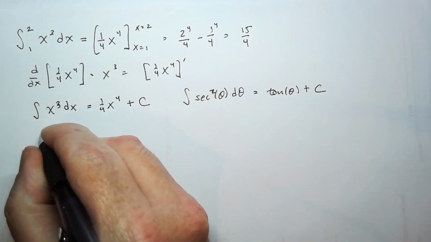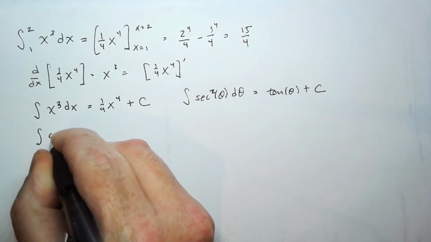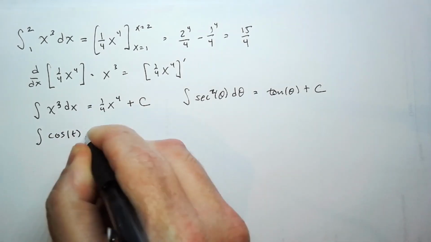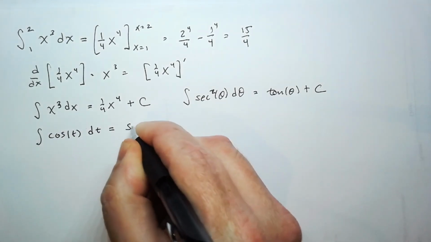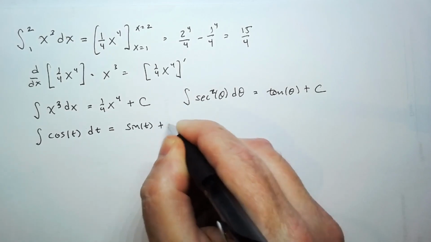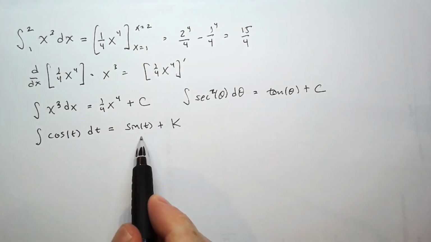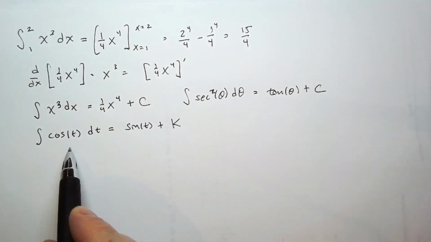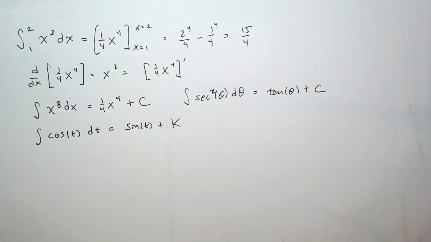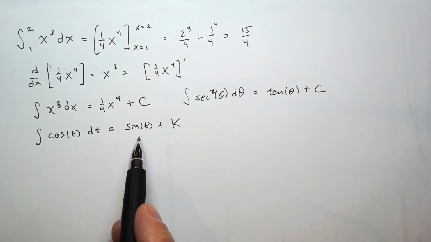For example, we might know that the integral of cosine of t dt would be sine of t plus some constant, here I'll call it k, because the derivative of sine of t is cosine of t. We can always check our answer to any indefinite integral problem by merely differentiating our answer.